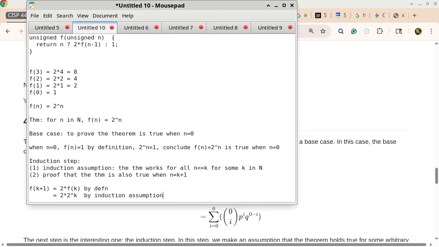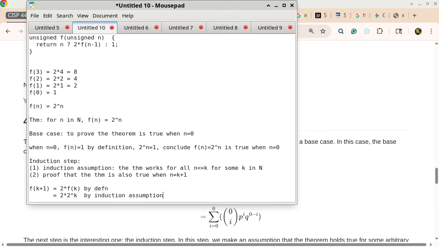Yes, because the assumption is never about f of k plus 1. It is about f of k, less than or equal to, including k.